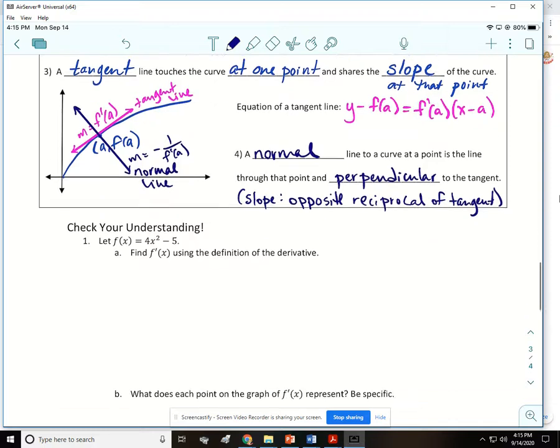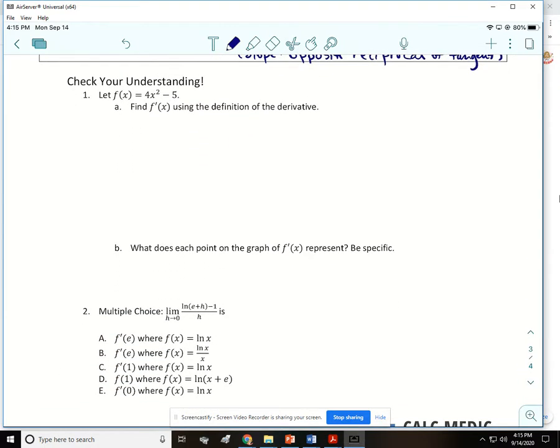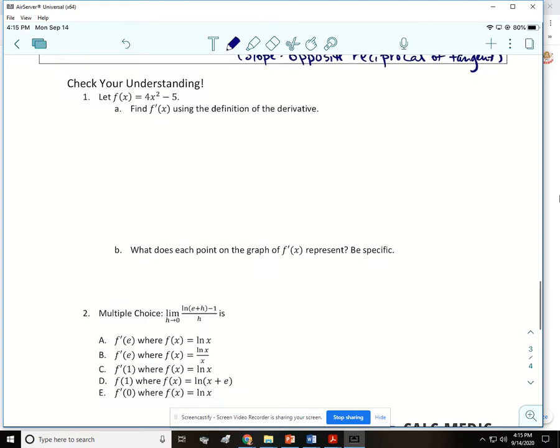Okay, so let's do some check for understanding. All right, so for number 1, we are going to let f of x equal 4x squared minus 5. We're going to find f prime of x using the definition of the derivative. So yesterday I had you practice some of these without telling you that it was the derivative you were finding.